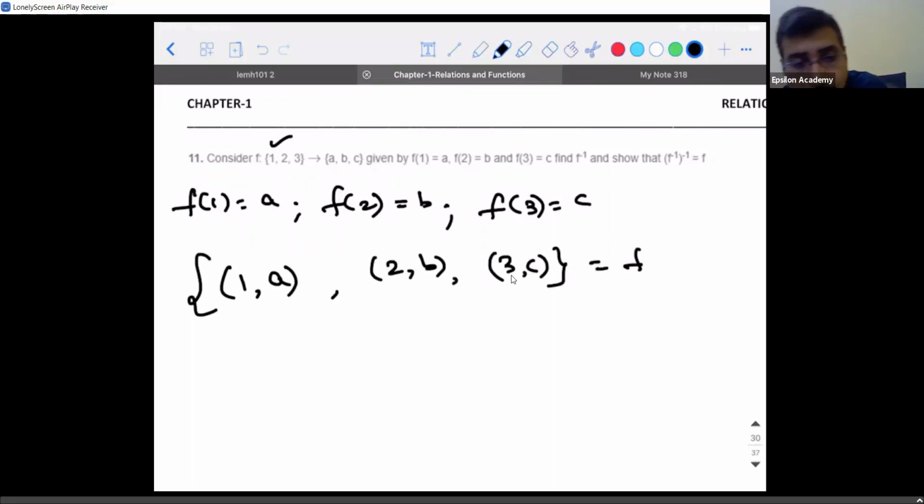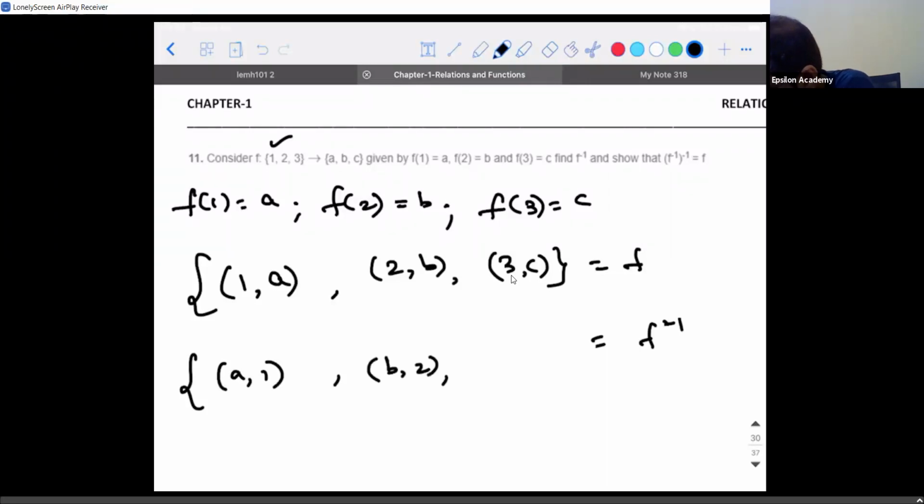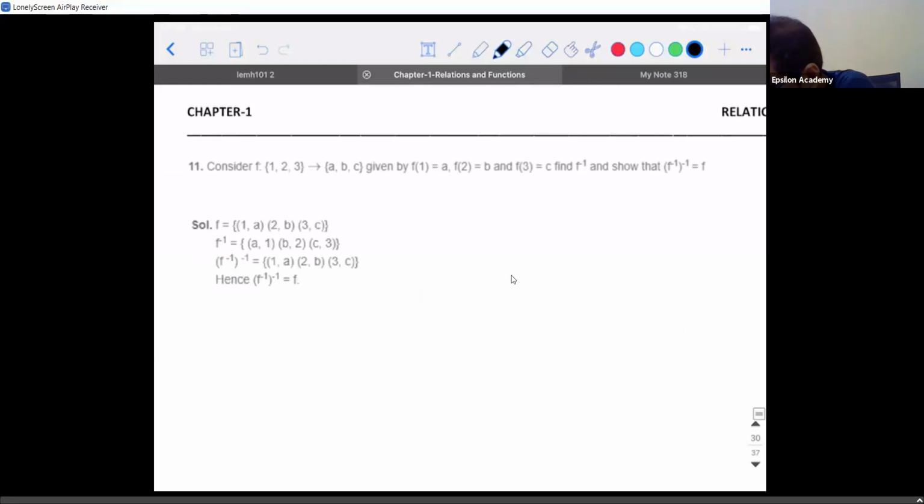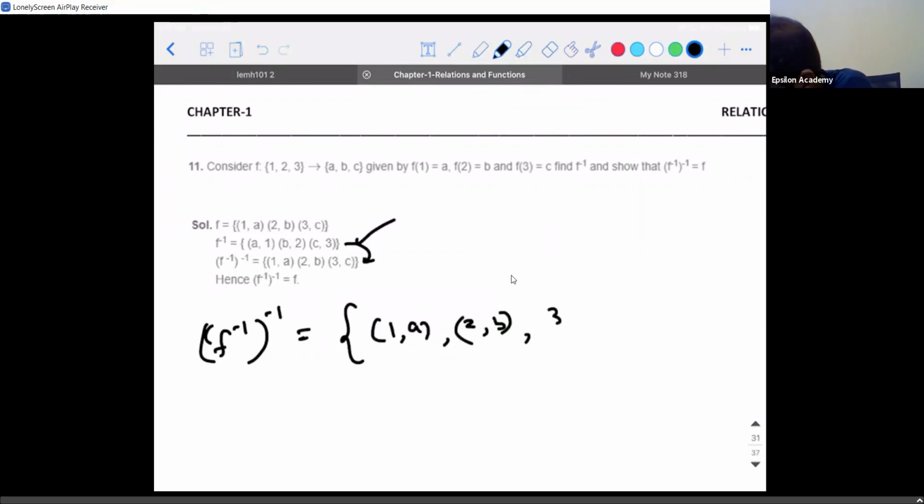This is f. So what will f inverse be? Just reverse the values. f inverse is nothing but those values in reverse order: (A, 1), (B, 2), and (C, 3).